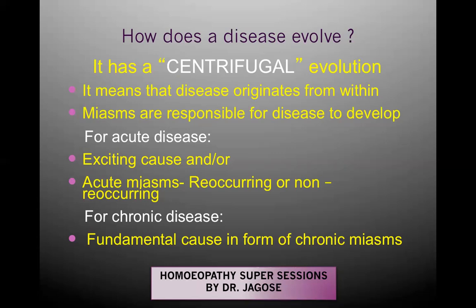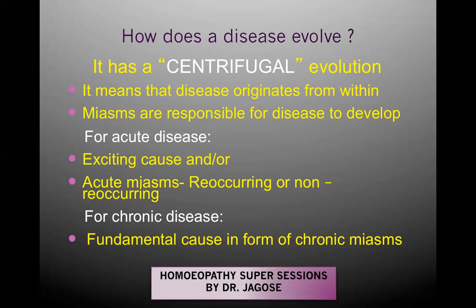And the third manner in which we can classify the evolution of disease is that it has a centrifugal evolution. It means that the disease originates from within. That means whatever derangement of vital force is there is taking place from within the individual.